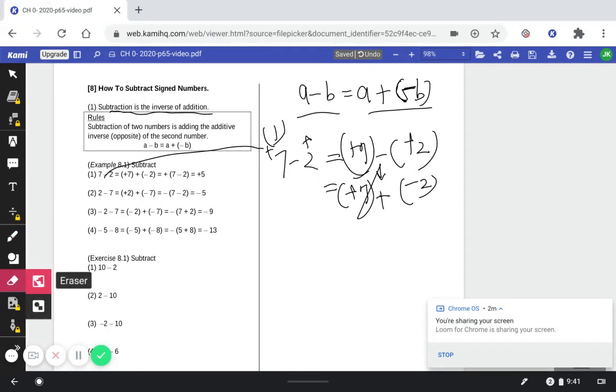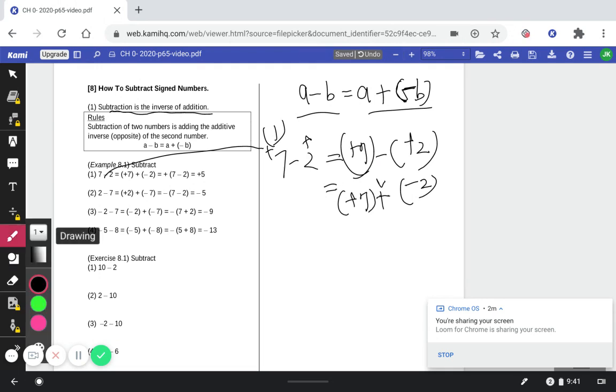A lot of times we call this process the keep change concept. Because you are keeping the first term, and then you are changing the operator, and then you change the sign.